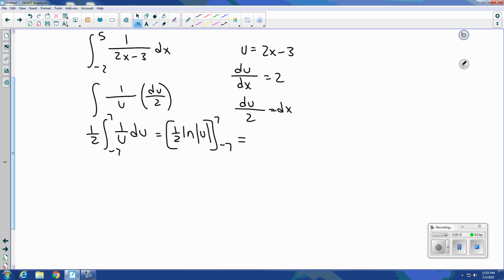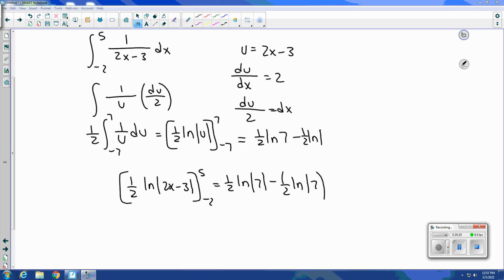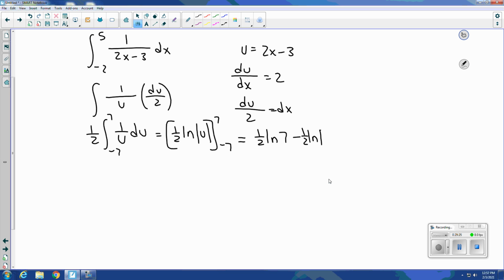Here, we're going to have 1/2 ln of 7 minus 1/2 ln of negative 7, and therefore this would go to 0.